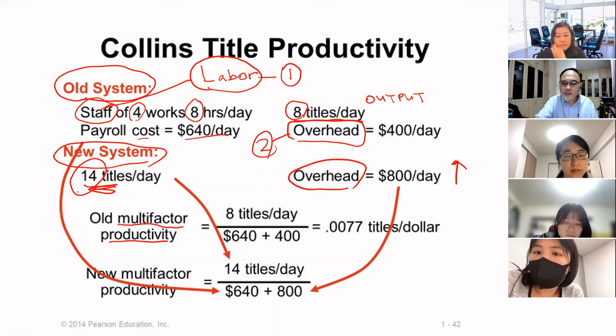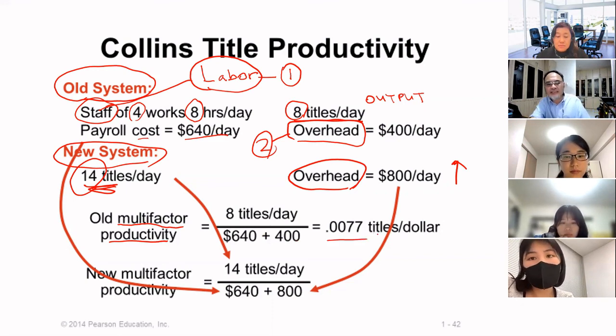But because of that, the overhead increases. So the multifactor productivity is 8 divided by 640 plus 400, which is 0.0077 products per dollar. You can convert this to dollars if you know the price of the product.